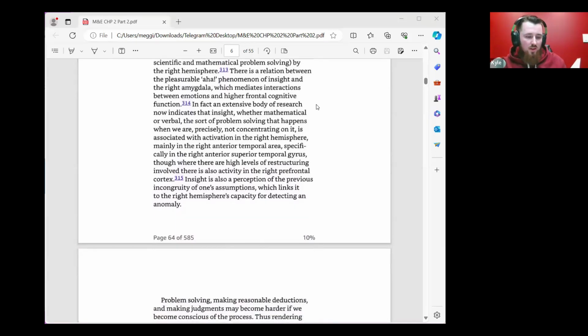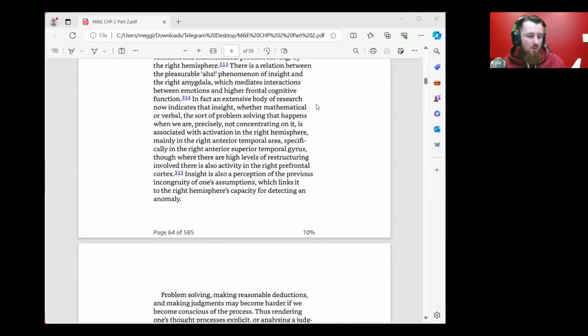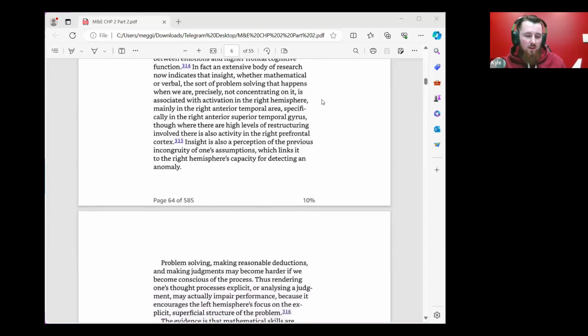hemisphere. There is a relation between the pleasurable aha phenomenon of insight in the right amygdala, which mediates interactions between emotions and higher frontal cognitive function. In fact, an extensive body of research now indicates that insight, whether mathematical or verbal, the sort of problem solving that happens when we are precisely not concentrating on it, is associated with activation in the right hemisphere, mainly in the right anterior temporal area, specifically in the right anterior superior temporal gyrus, though where there are higher levels of restructuring involved, there is also activity in the right prefrontal cortex.